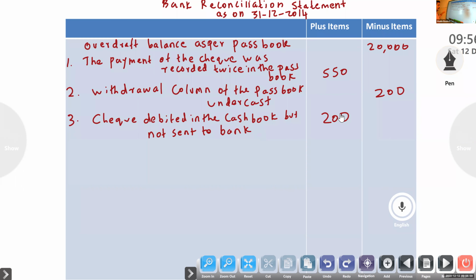Check debited, you look at the cash book debit, what is it, receipt, deposits. We got the check and we recorded it in the cash book, but we didn't give that check to the bank for recording the transaction. Fourth one.